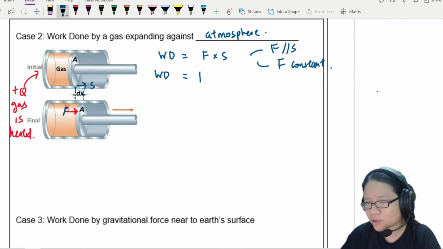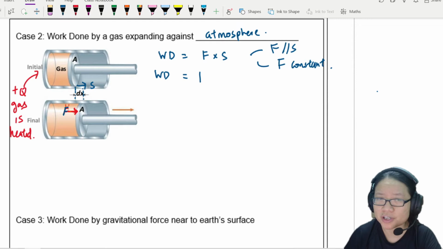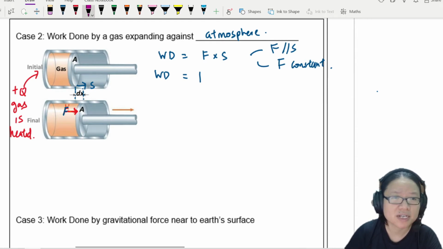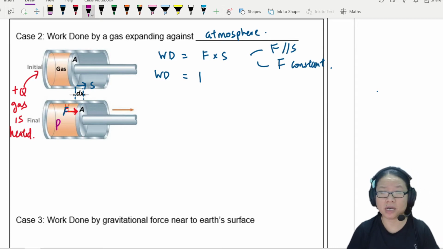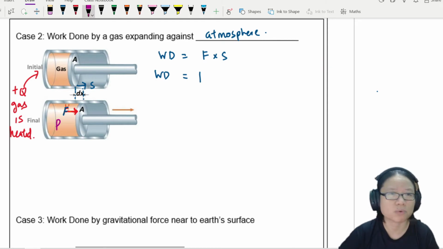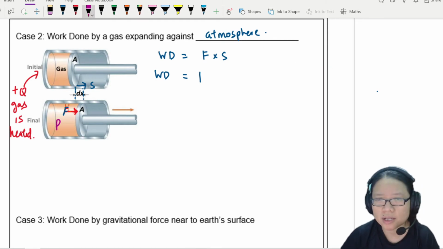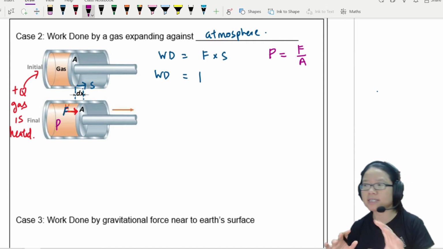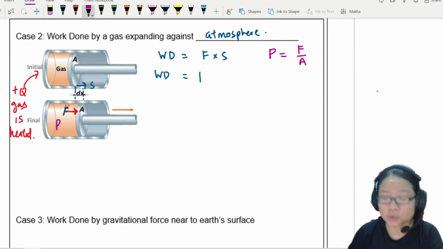Now, if you think about it, we have an equation for F in terms of the pressure of the gas. Let's say the pressure here is P. Pressure of the gas is equal to force per unit area, the force exerted by the gas particles per unit area.